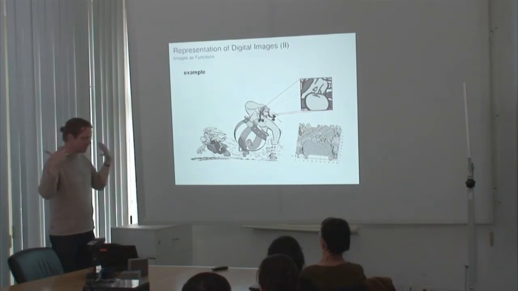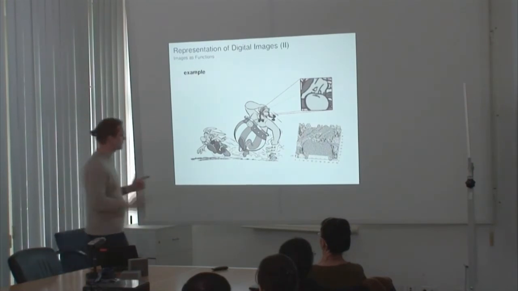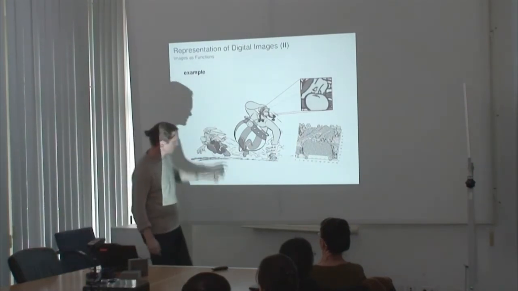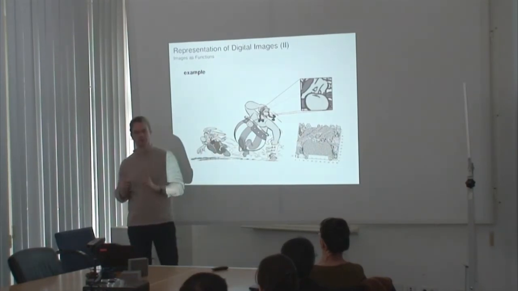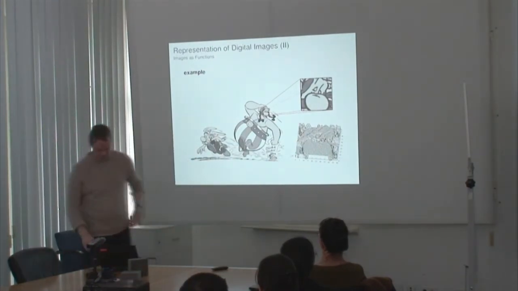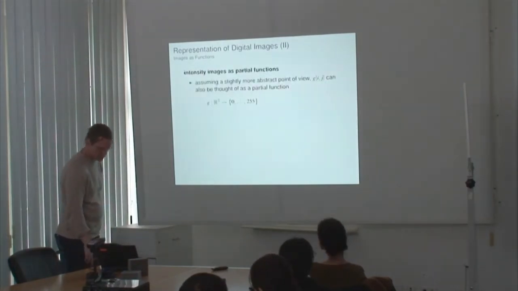But the important take-home message is that if we want to, we can think of these things like that. And we really want to. We want to think about images as functions.